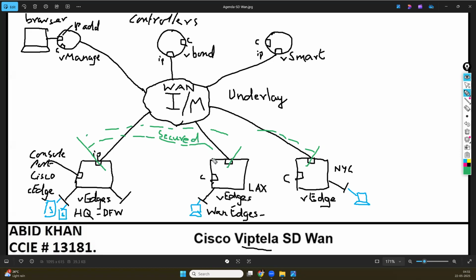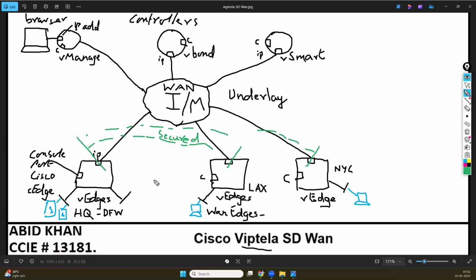Now, as I explained earlier, in Cisco Viptela SD-WAN security is very important. So here also the data will be sent secured only. It will be going as encrypted only. So in traditional WAN, we are using the concept of VPN.